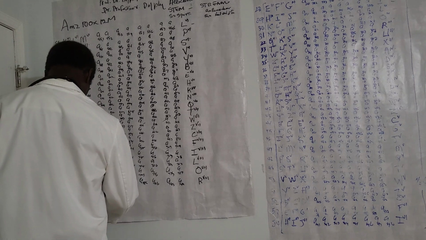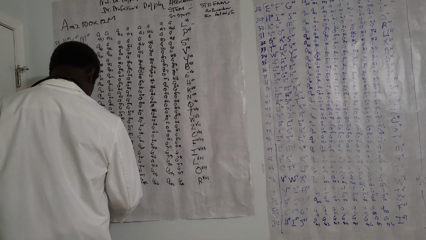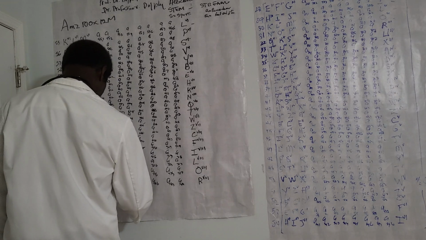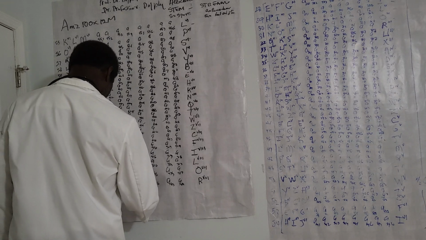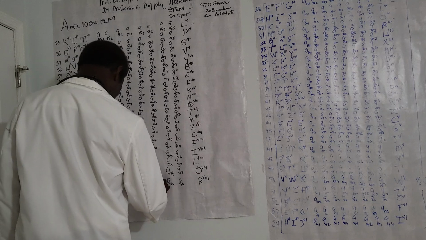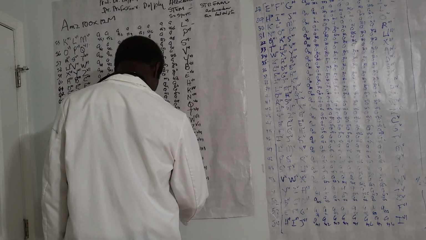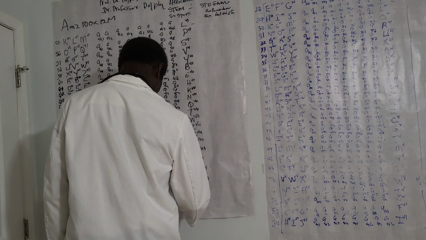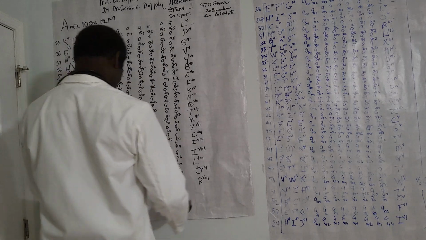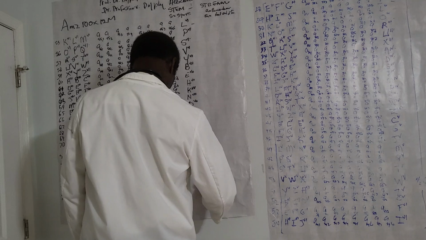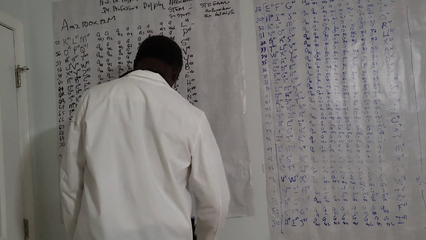So we have now A 75 1, A 75 2, A 75 3, A 75 4, A 75 5, A 75 6, A 75 7, A 75 8, and here we go now. U, V3I.